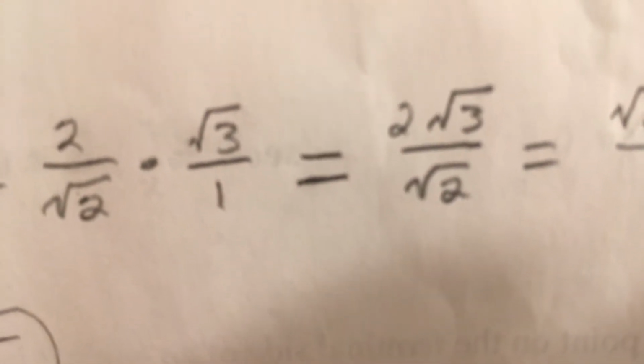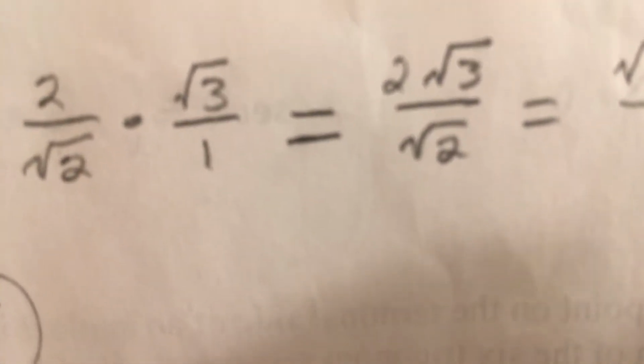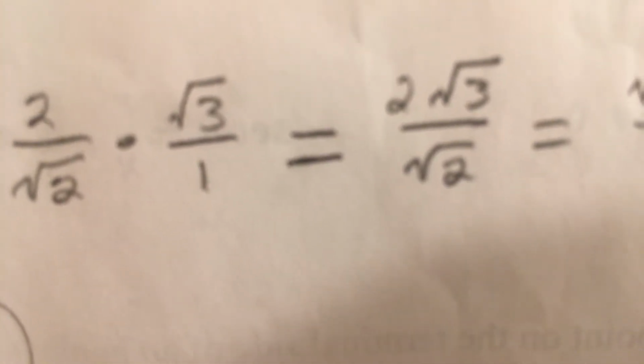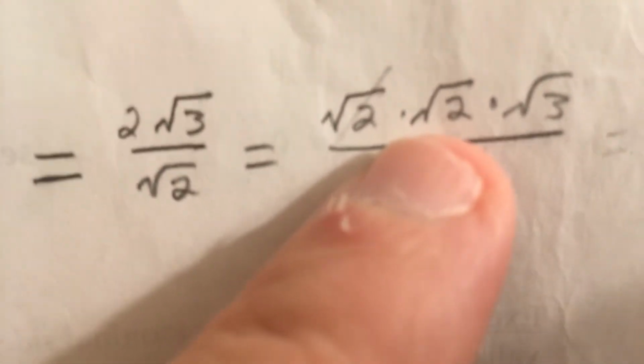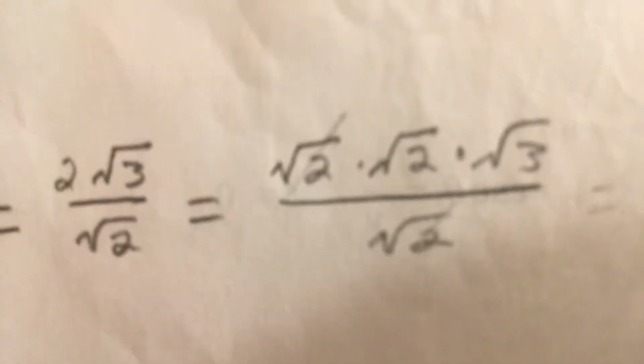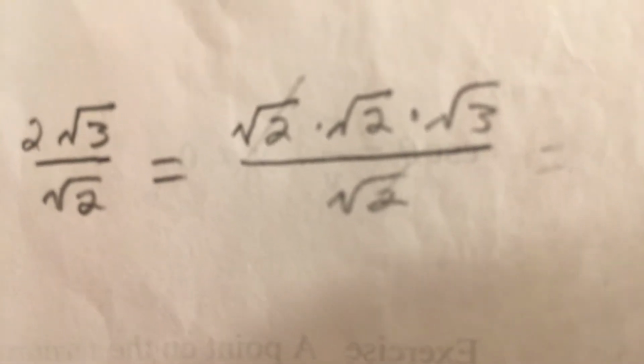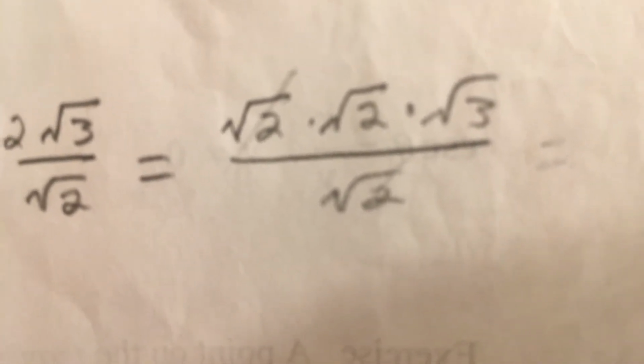When you multiply straight across, we have 2 times the square root of 3 over the square root of 2. That fraction itself can be simplified because 2 is the same as square root of 2 times square root of 2. We replace 2 here with square root of 2 times square root of 2. Now we have a common factor, square root of 2, in the numerator and denominator.